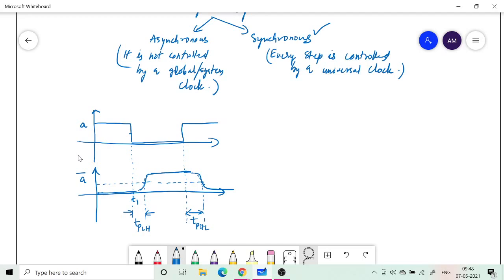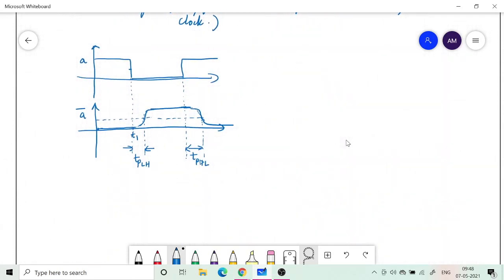We can always design a particular component such that these delays are more or less equal, but in general they could be different. Now, what are the other delays which are important? Let us talk about the other delays also. So this is propagation delay, and this is showing the propagation delay.